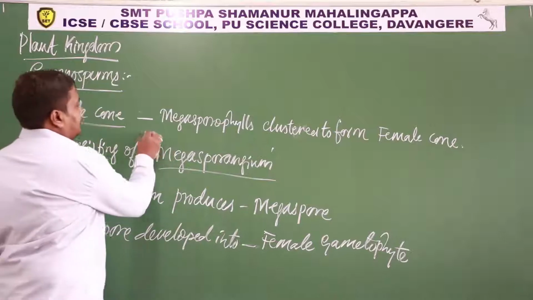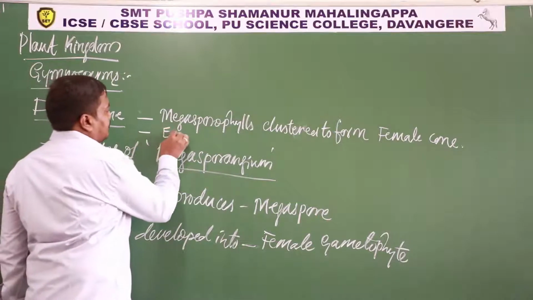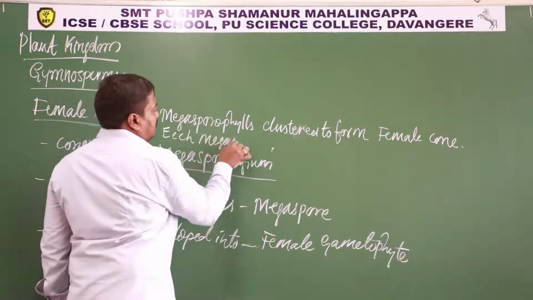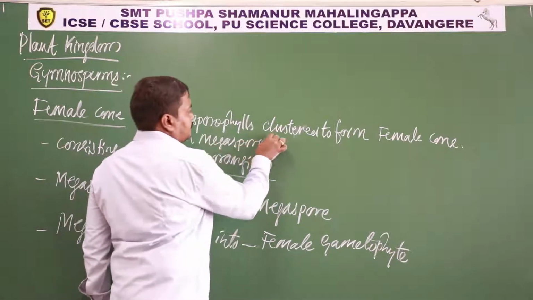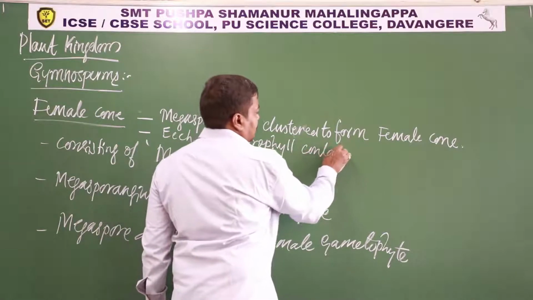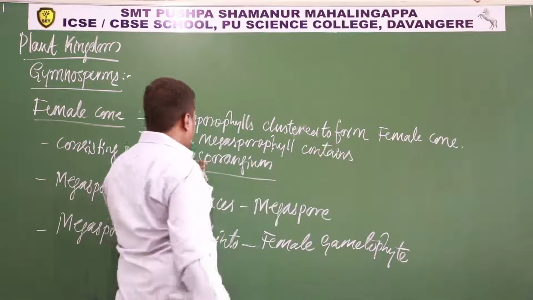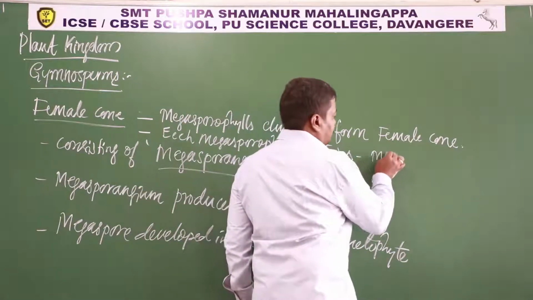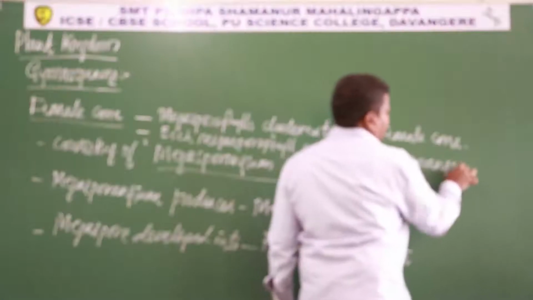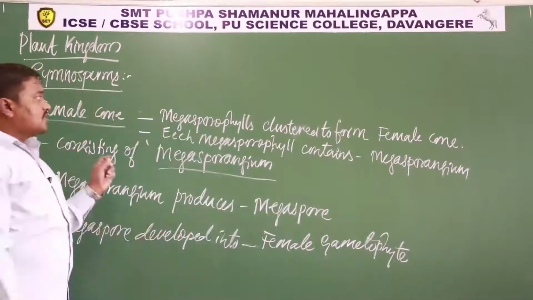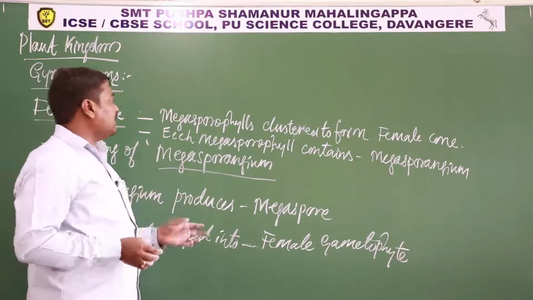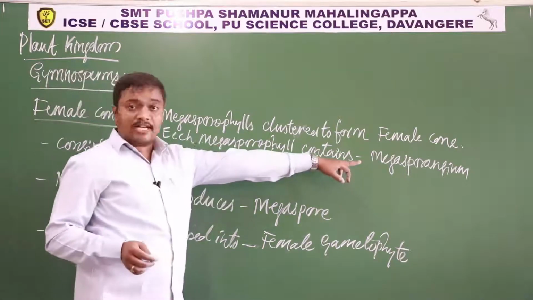Each megasporophyll contains a megasporangium. So megasporophylls cluster to form a female cone, and each megasporophyll, a leaf-like structure, contains the megasporangium.